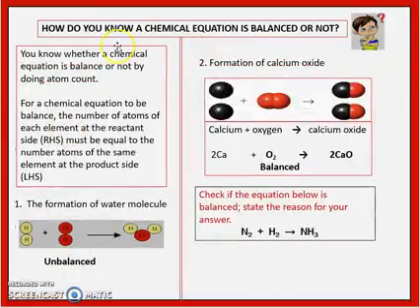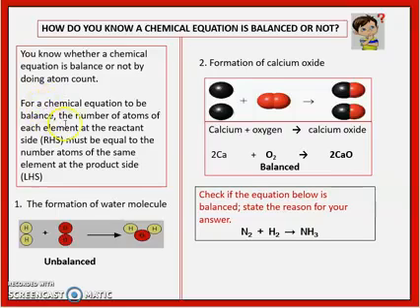Now, how do you know whether a chemical equation is balanced or not? You know by doing what we call an atom count.